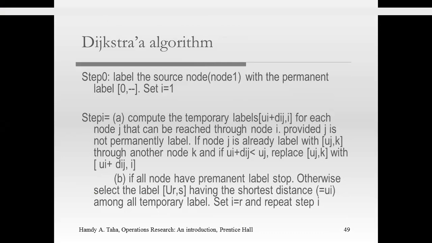If node J is already labeled with ujk through another node k, and if ui plus dij is less than uj, replace ujk with ui plus dij, i. Step B, if all nodes have permanent labels, then stop. Otherwise, select the label urs having the shortest distance among all temporary labels. Then set I equal to R and repeat step I.